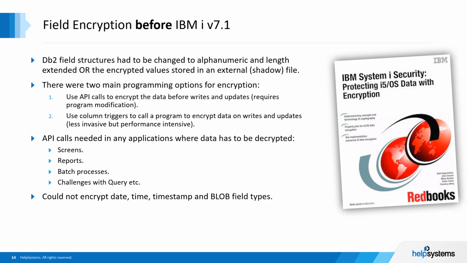The reason for that is that when we did encryption, it was very, very invasive. First thing to understand is that the field structures within the files had to be altered to ensure that they were in an alphanumeric format and that the length of the field typically was extended. The other option was to write what we called a shadow file, whereby the encrypted values were linked by some type of index, and the encrypted values were stored externally to the original database.